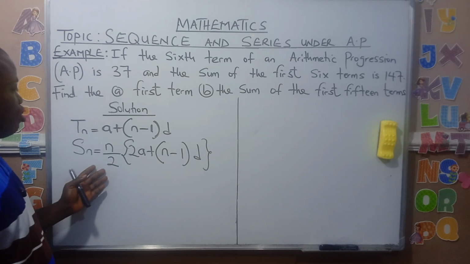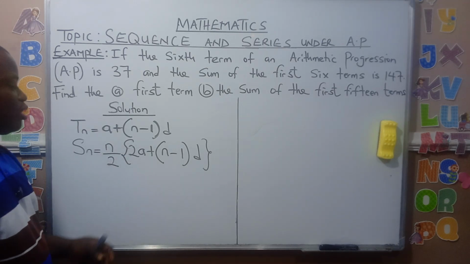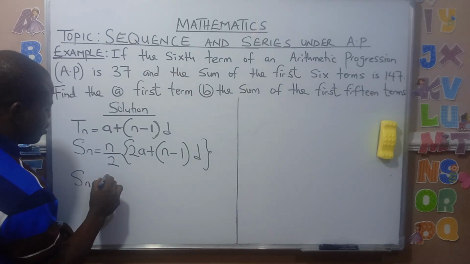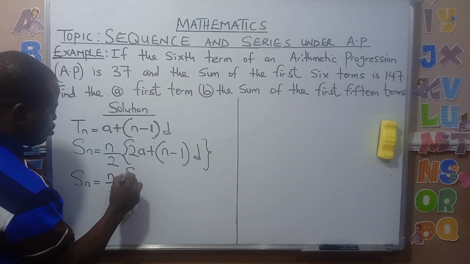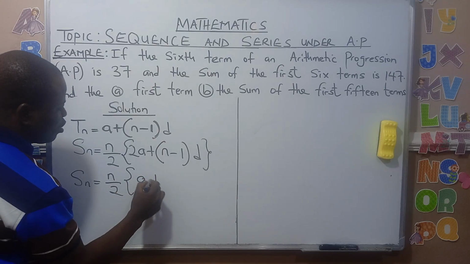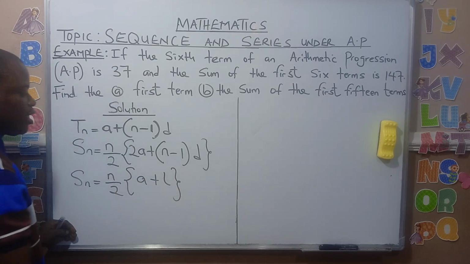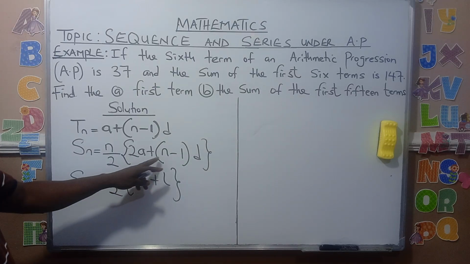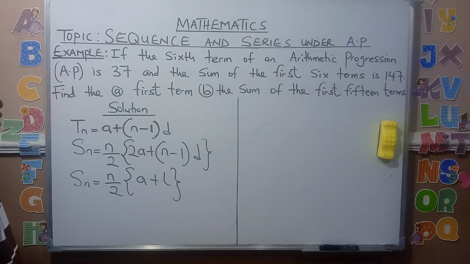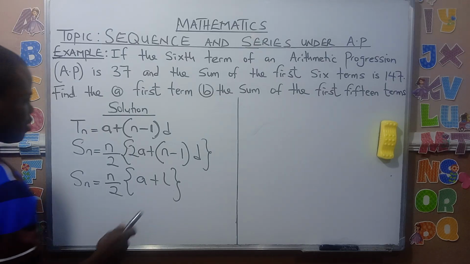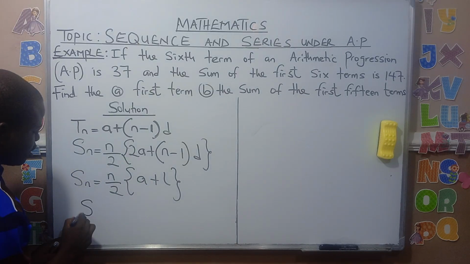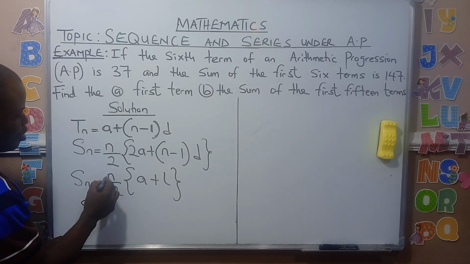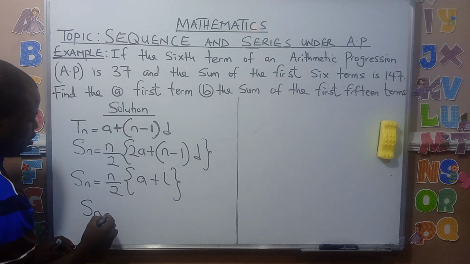And the sum of the n term has two formulas. We have one that says S subscript n equals n over 2, curly bracket a plus the last term. The last term is a plus n minus 1 d. Let's see how we derived this: the sum of the n term equals n over 2 open bracket a plus l.